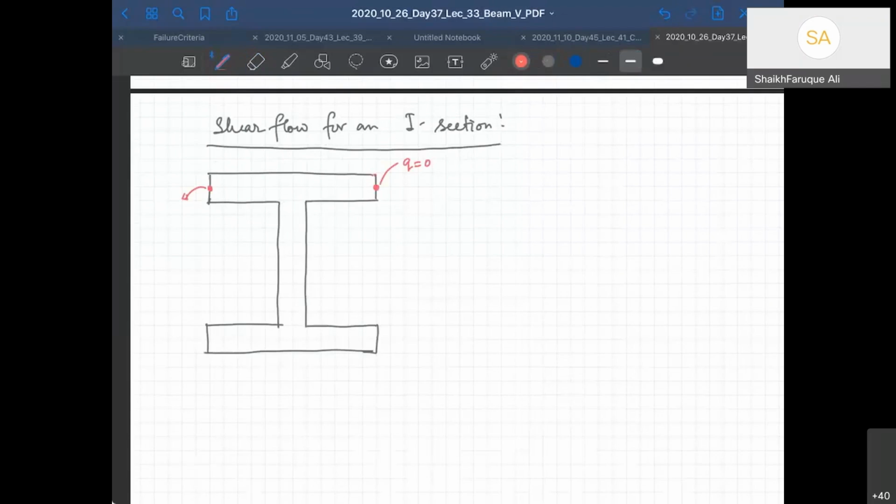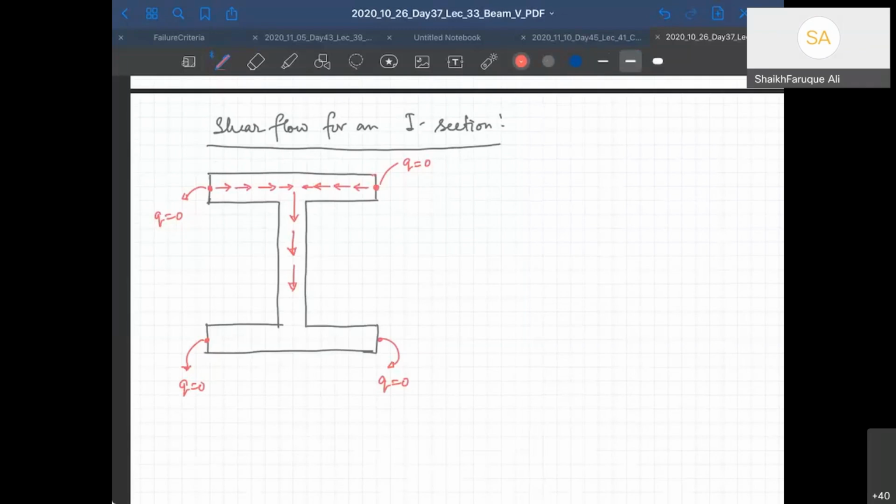Similarly, here also there are boundaries, so here also Q equal to 0. This is also a boundary, Q equal to 0. Now here the shear stress goes like this, and here the shear stress goes like this, and then they join and go like that.